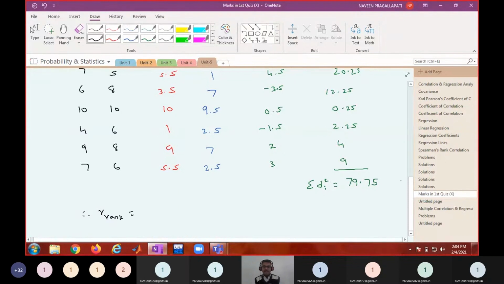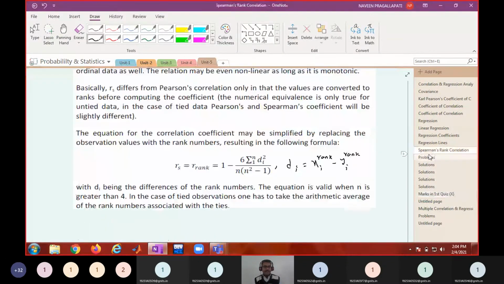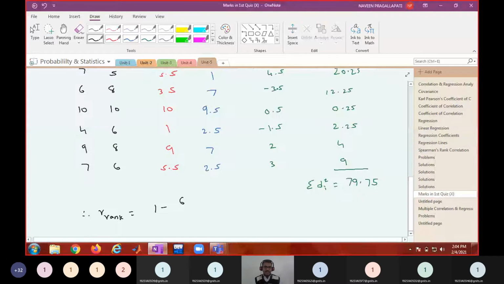R rank is equal to, what is the formula? 1 minus 6 sigma d square by n into n square minus 1. How many data points are there? 10. So write down this.